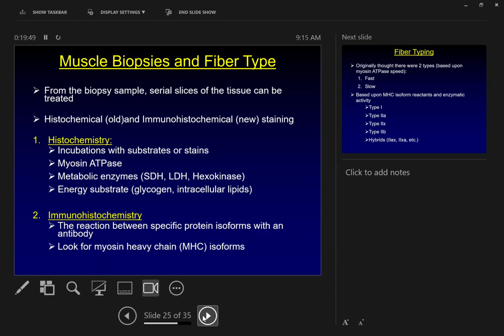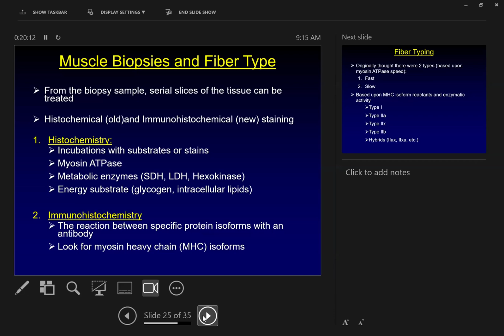Those things use what we call immunohistochemistry. There are antibodies that react with pieces of the COVID virus or the flu virus or whatever you want it to be. And so we now have antibodies that will react to specific proteins on the muscle fibers.